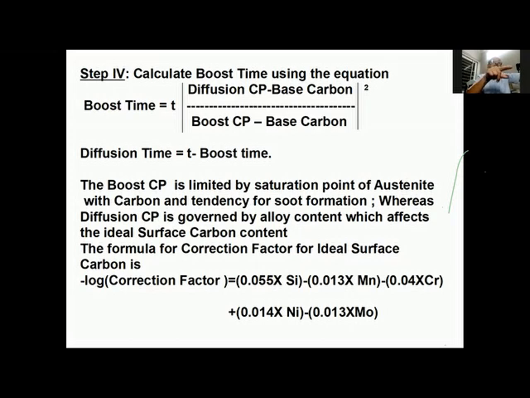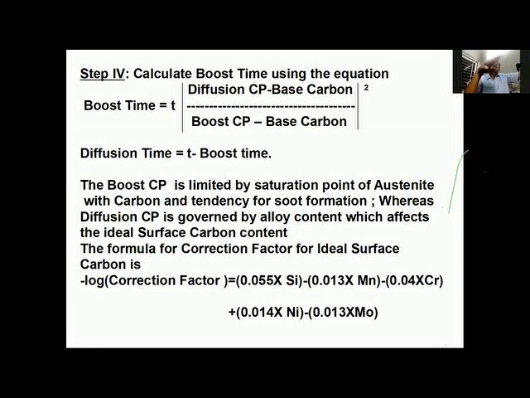Boost time is equal to total time times the diffusion CP minus base carbon, which is typically 0.2% in carburizing periods, over boost CP minus base carbon, and the bracket is squared. So if you calculate this way, giving 1.2 and 0.2, the numerator is 1 and the denominator is 0.8, or 0.6, sorry.